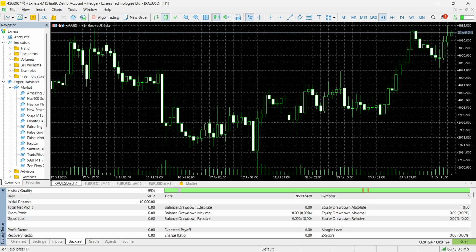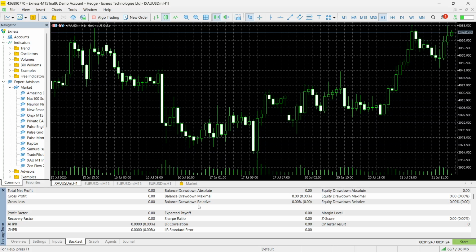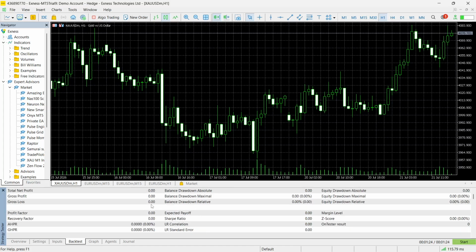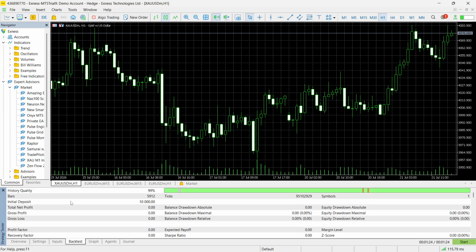This is also shown in the backtest results. As you can see, the total trades is 0. It took absolutely no trades, so our initial deposit remains untouched at $10,000. No total net profit, no profit factor, and no drawdowns.